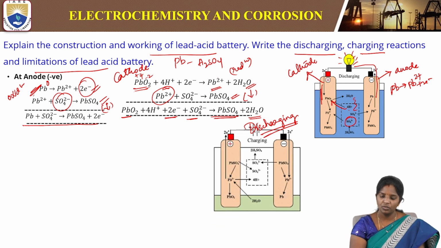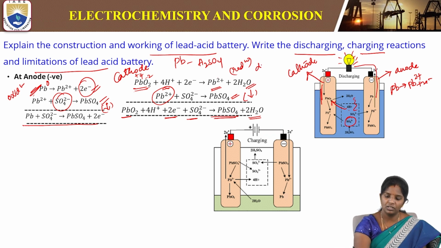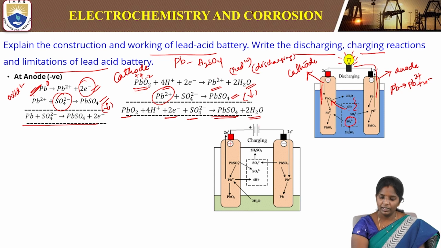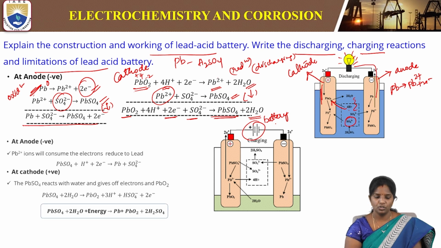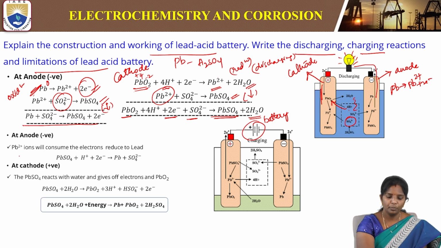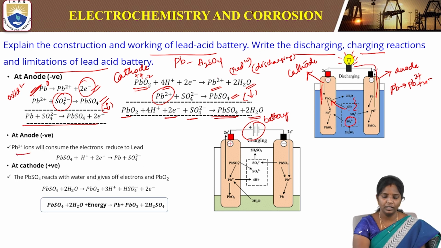So charging, so whenever we are charging, what happens? We are connecting to a battery here and supplying energy. So now what happens is, these lead 2 plus ions that are present already will consume electrons that are coming from the battery.